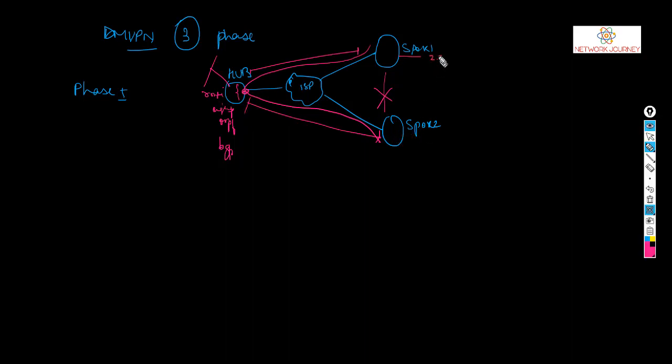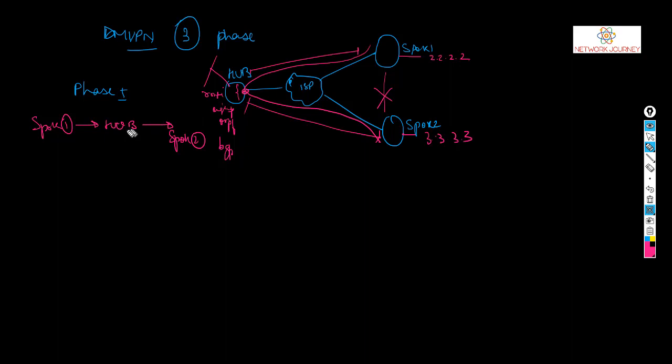Let's say this is 2.2.2.2, this is 3.3.3.3. So all these networks we can advertise in the routing protocol. But what is the fundamental of phase 1? The traffic will be sent to the hub, it will check the routing table and it will send. So I can say that spoke 1 sends the traffic to the hub and the hub is sending to spoke 2.